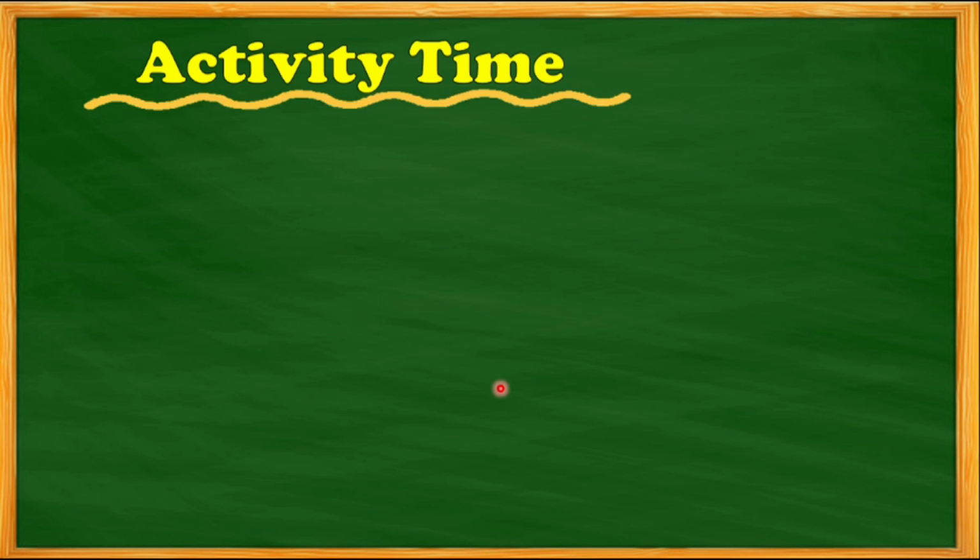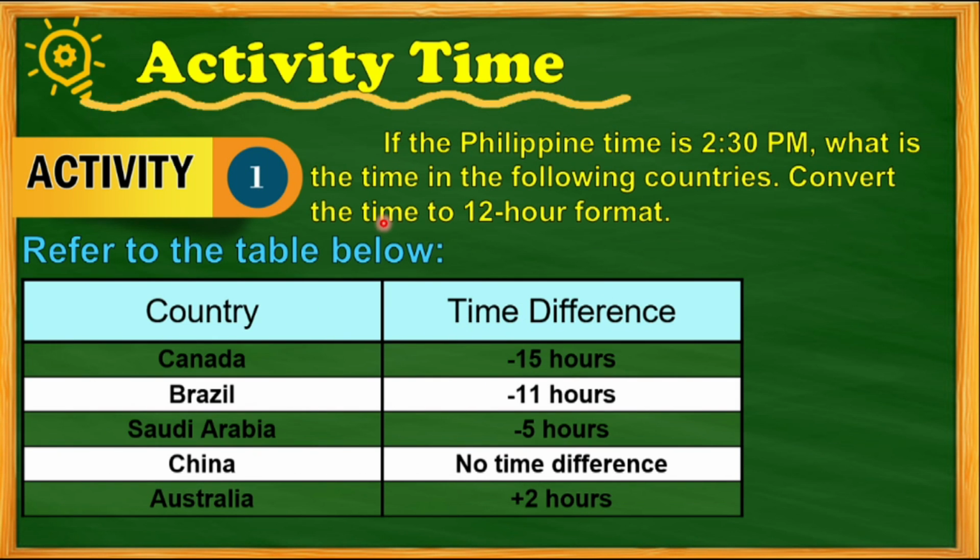So let's have an activity time. Activity number 1, this would be the problem. If the Philippine time is 2:30 p.m., what is the time in the following countries? Convert the time to 12 hours format. So this will be the table. Refer to the problem. Country, the time difference.